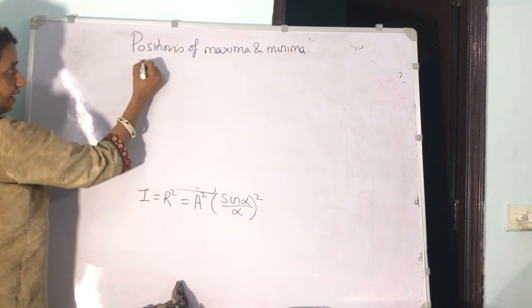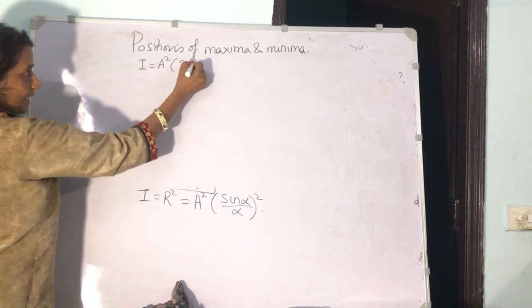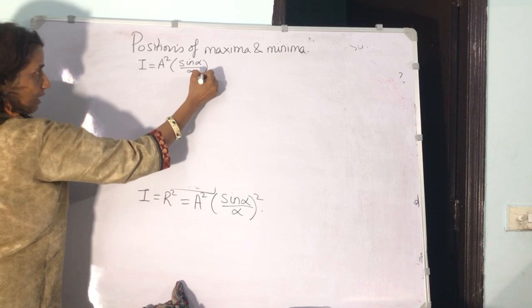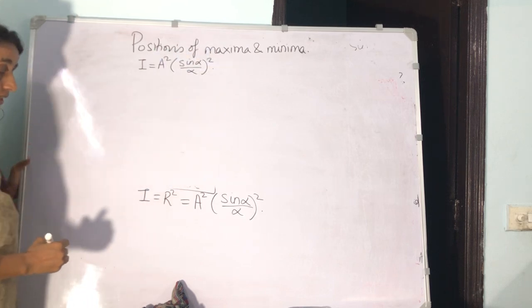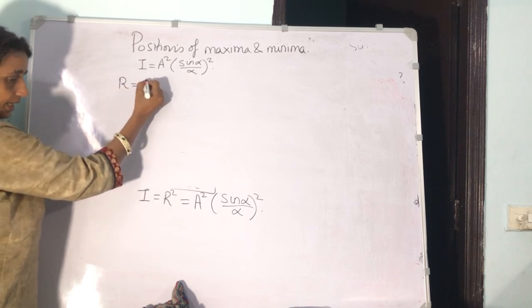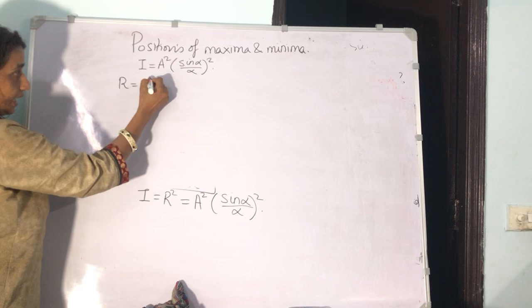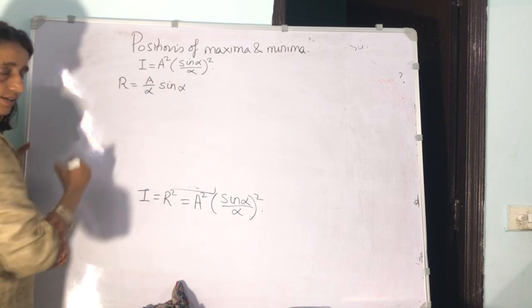For that, I is equal to A square sine alpha upon alpha square, right? Now the resultant amplitude R was given by A upon alpha into sine alpha.